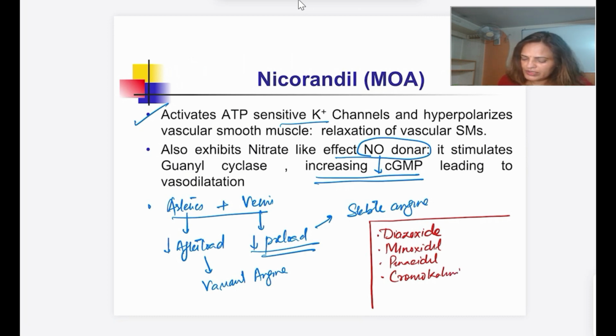Okay, so earlier we were using these because they also cause vasodilatation, so we were using them as antihypertensives.